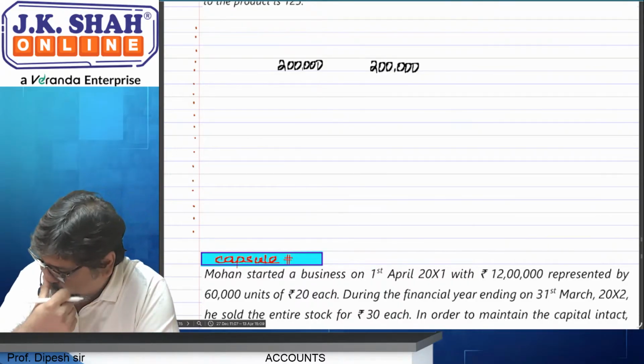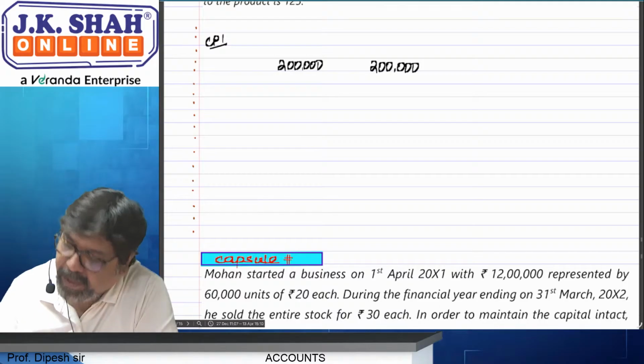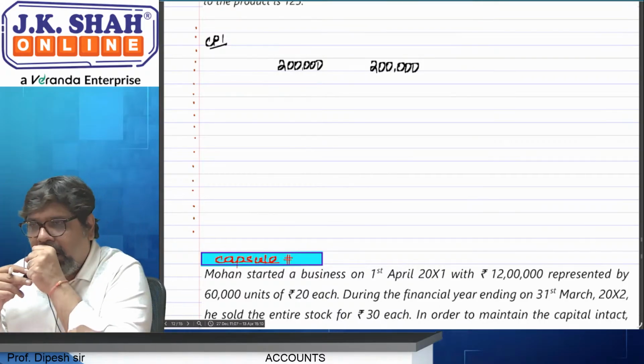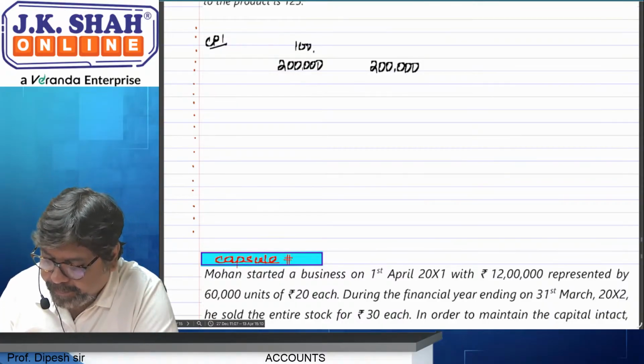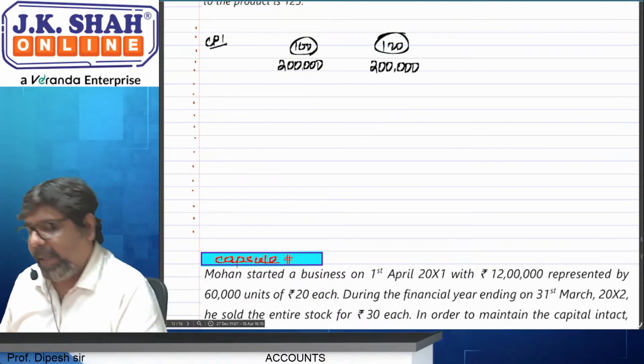Suppose inflation, you know what is CPI? Consumer Price Index. Correct. Suppose the consumer price index is 100 at the beginning of the year and 120 at the end of the year.